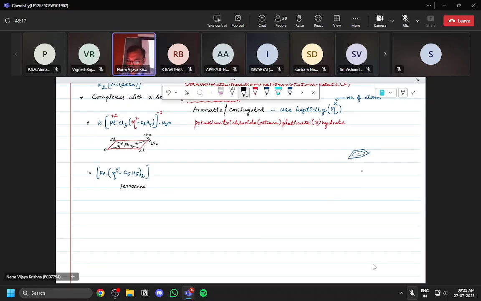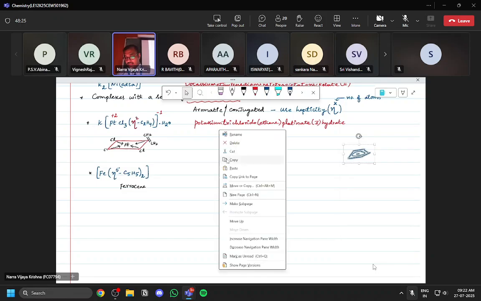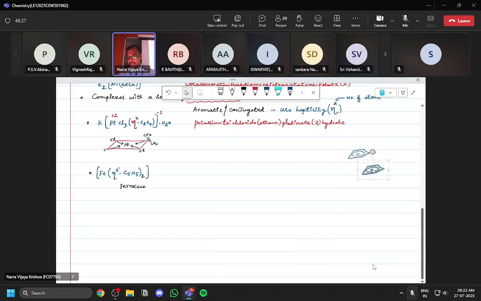So I am taking 2 such cyclopentadienyl anions, and iron, Fe+2.